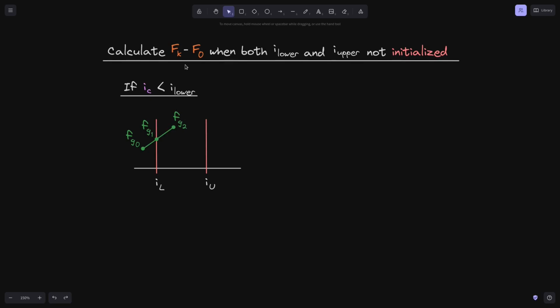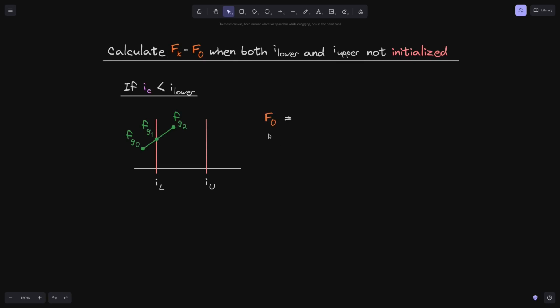Now in this case, let's calculate fk minus f0. Again, remember that this represents the fee growth inside these two ticks, i lower and i upper. Looking at this graph, we expect the fee growth inside to be the difference of the height, fg2 minus fg1. So when we calculate this equation, we expect the fee growth inside to be equal to fg2 minus fg1.